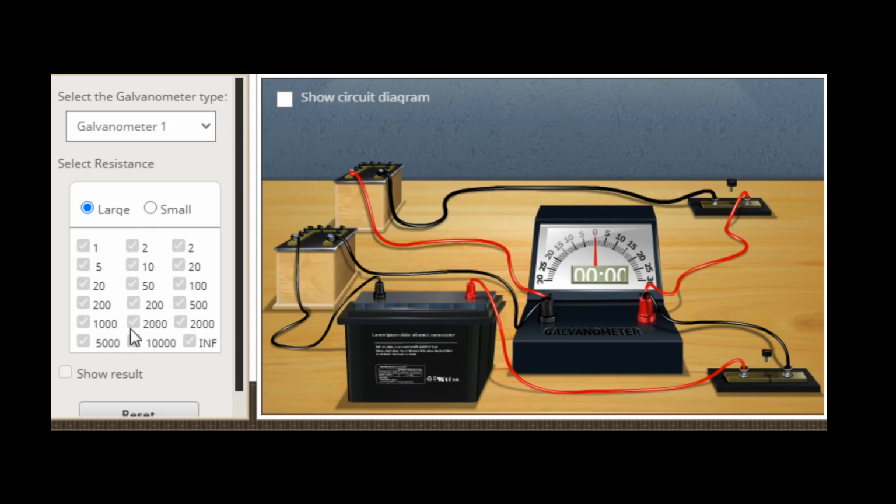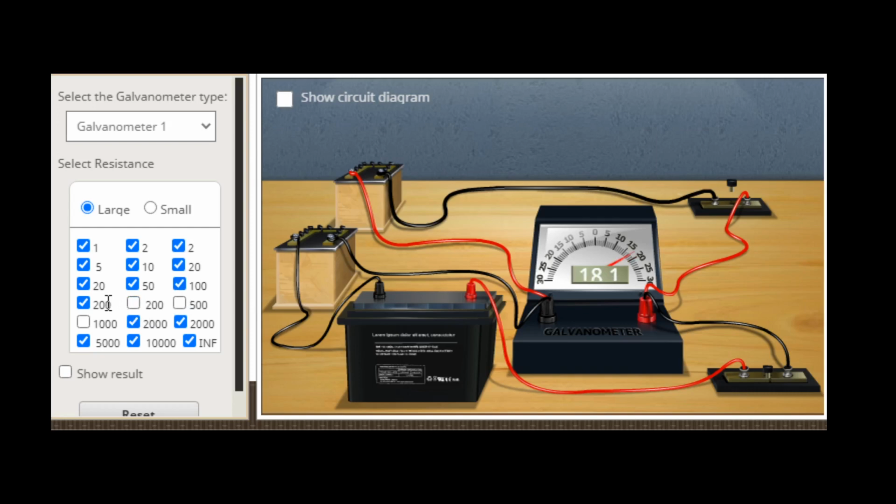Now again we will take a high resistance value. So insert the key K1 first, and now let us consider say it is, so let it be.